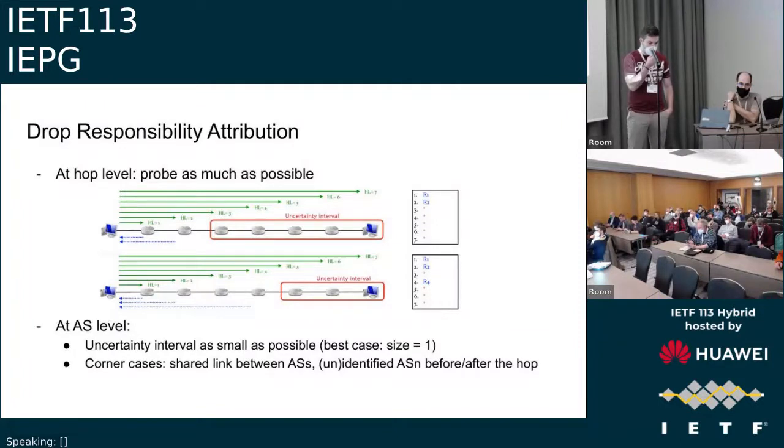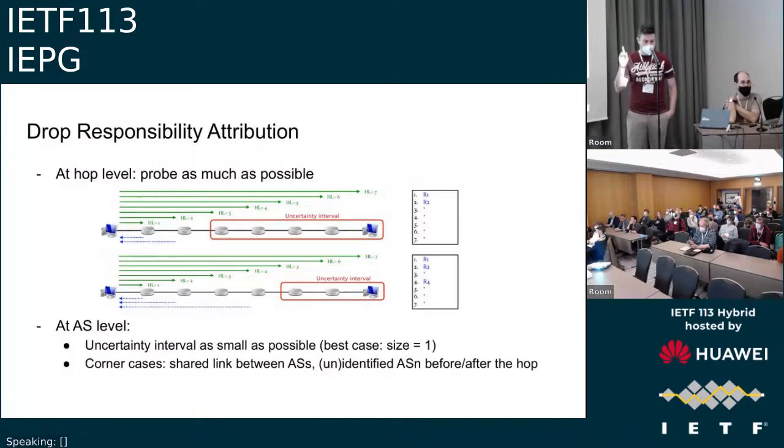But why do we have to test a lot? If you see the first illustration on top, you see that the third hop did not respond. Only the first and the second responded. So you could say, okay, maybe the third hop is responsible for a drop, or maybe it just did not respond, and maybe this is the fourth, or maybe it just did not respond, and so it's the fifth, etc. It's responsible for the drop.